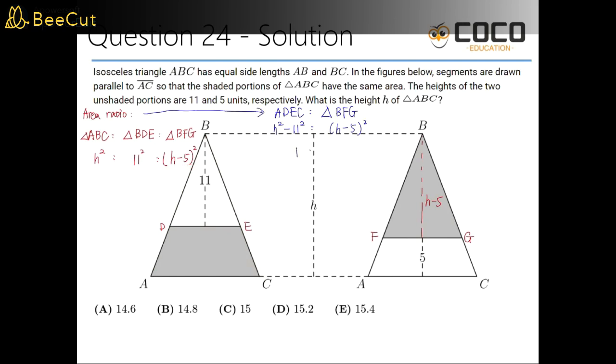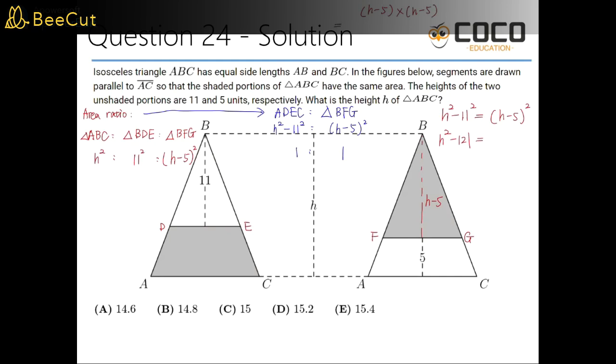And we know that this ratio is 1:1. It means that the two sides, the value is equal. So let's solve the equation here. h square minus 11 square equals h minus 5 bracket square. So there's h square minus 121. Now for h minus 5 bracket square, you expand the bracket. So I'll write it here, h minus 5 times h minus 5.